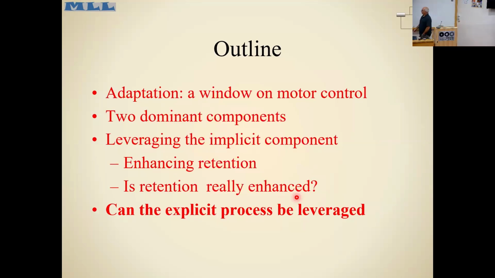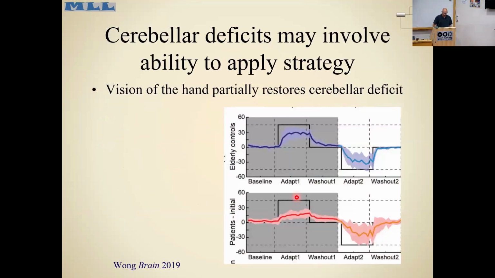So that gets at the idea that's already been brought up, that maybe the explicit process has more options for being leveraged. And this point that I raised with Lior, that it turns out that cerebellar patients actually can adapt better if they understand better what the task is, which is sort of interesting because supposedly their problem is with the slow and implicit learning.